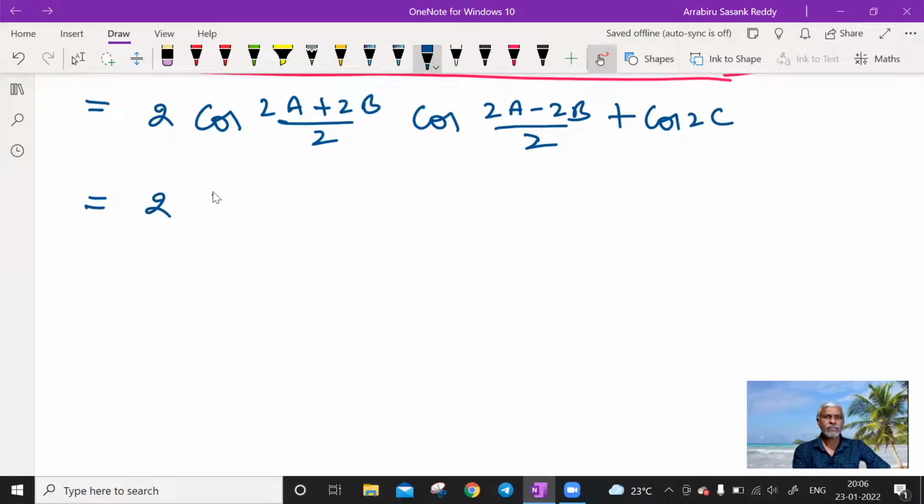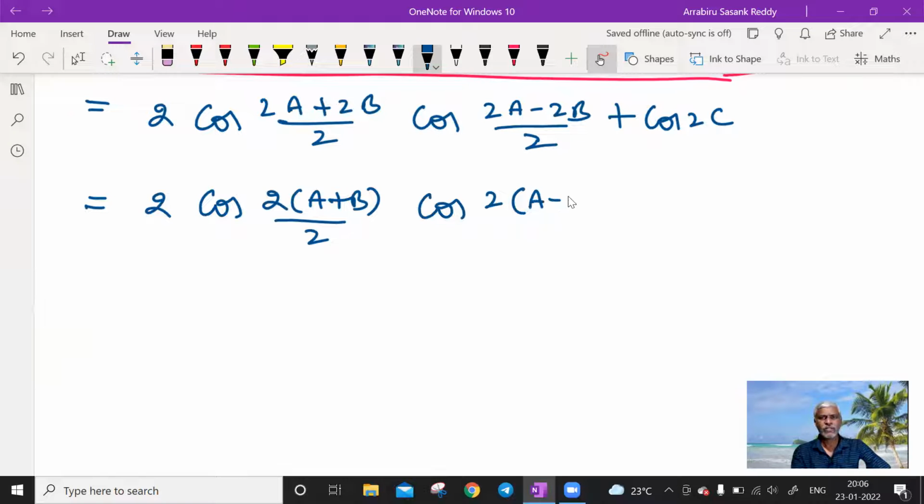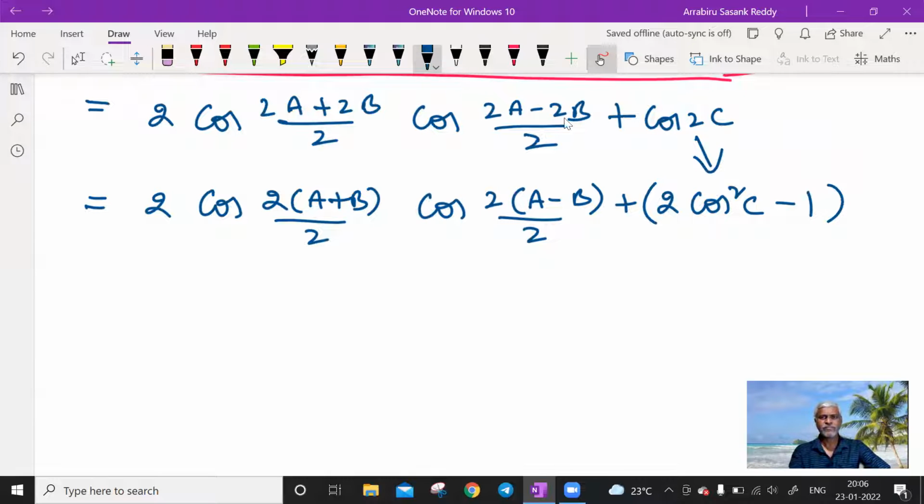Now, taking 2 common, this becomes 2 into (A plus B) by 2, (A minus B) by 2. So cos 2C, you write cos 2C as 2 cos square C minus 1.